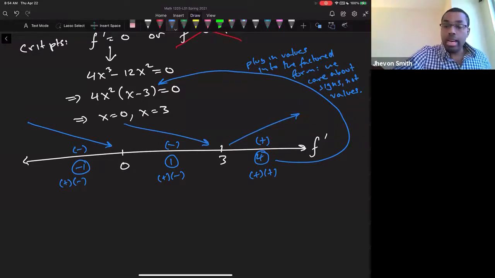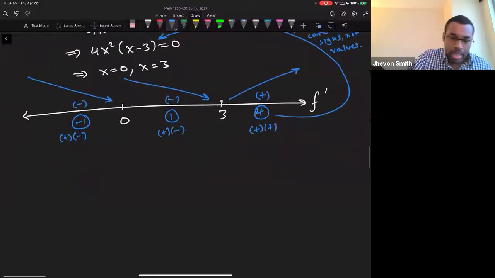So now that you see that, and you know that the domain is all real numbers, and you see that we decrease on the left of 3 and increase on the right of 3, that actually tells you 3 is a max, right? Min, sorry.